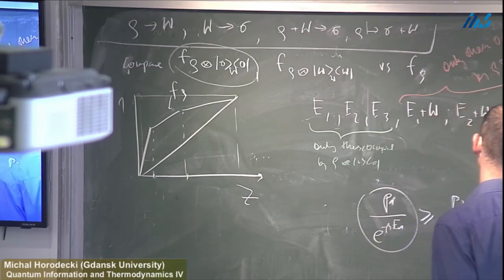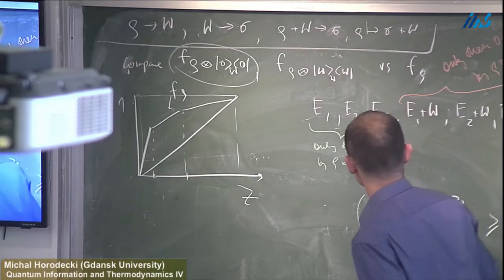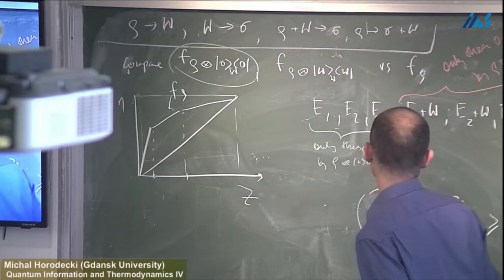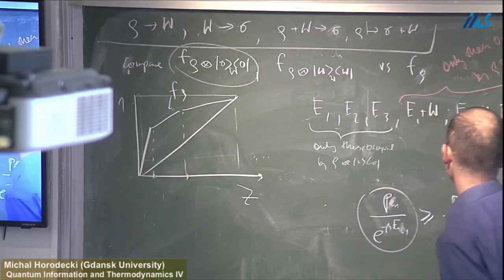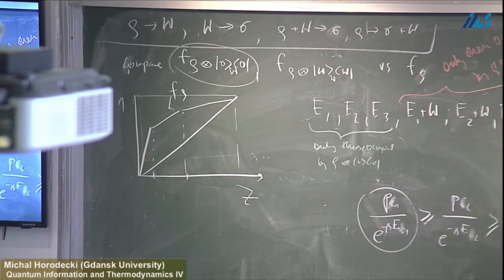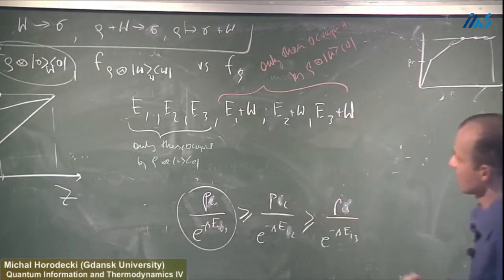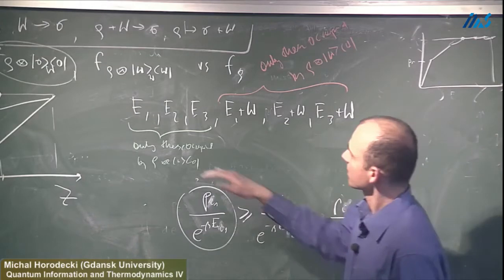Suppose they are already ordered. Oh no! Now I put here 1, 2, 3. So here I should change it. Maybe it's different. So here I do not use this convention. E3, E3. So I ordered them. That was for rho.